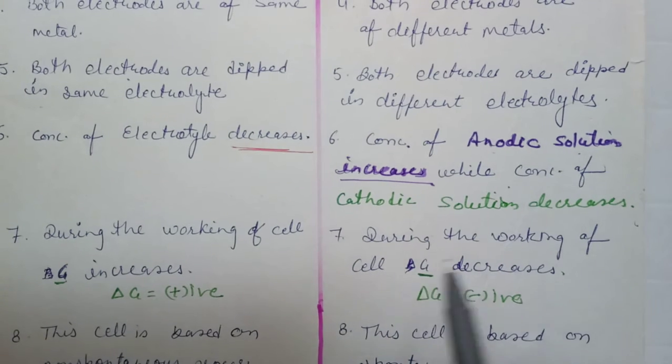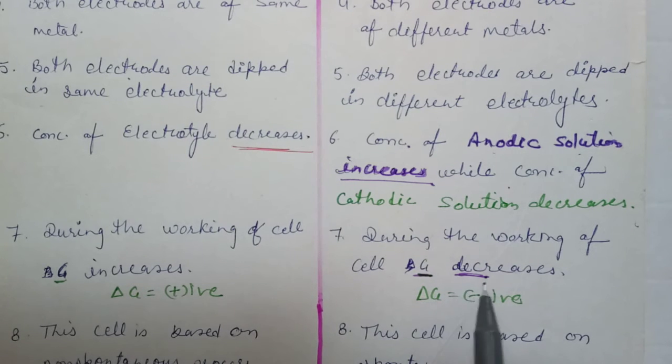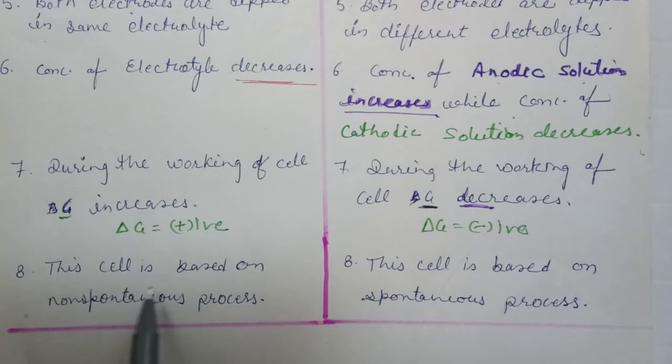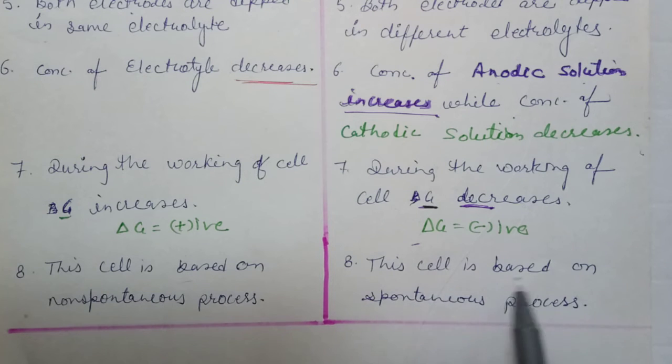So during the working of the cell, free energy continuously decreases, meaning delta G is negative. So on the basis of the changes in delta G, the electrolytic cell is based on a non-spontaneous process, while the electrochemical cell is based on a spontaneous process.